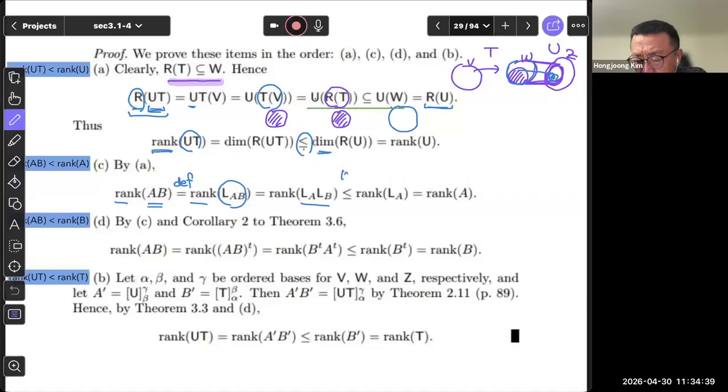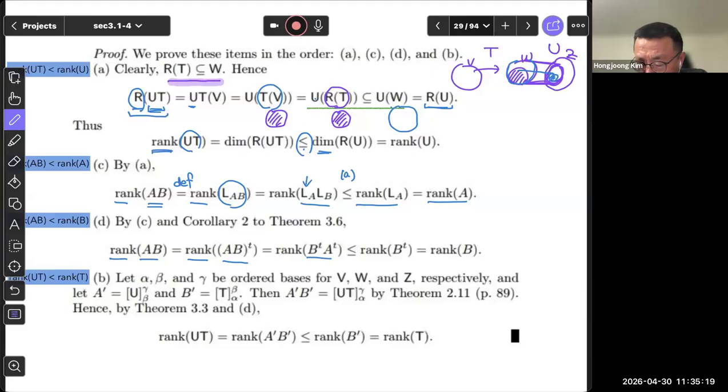Then by A, the composite of these two cannot be greater than the rank of this guy, which is the rank of A. So the rank of A times B cannot be greater than the rank of A. And if that's the case, the rank of AB is the same as the rank of its transpose. And the transpose of A times B is B transpose times A transpose.